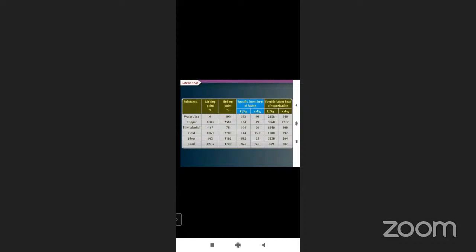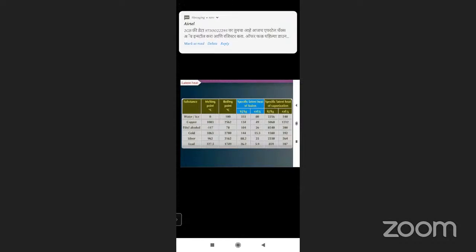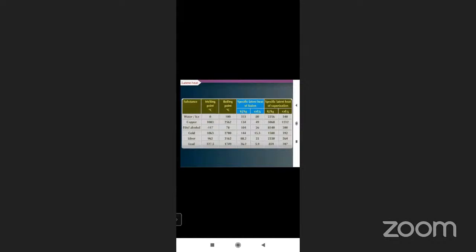Now see, first we'll see which are the columns. Substances, melting point in degree Celsius, boiling point in degree Celsius, then specific latent heat of fusion in kilojoule per kilogram, and in the second one, calorie per gram. Then specific latent heat of vaporization in kilojoule per kilogram and calorie per gram.